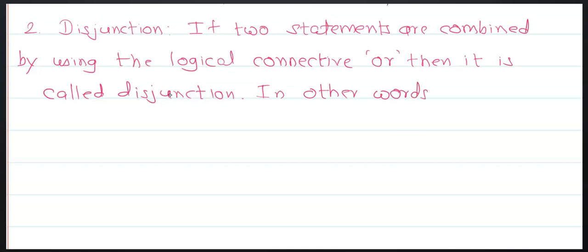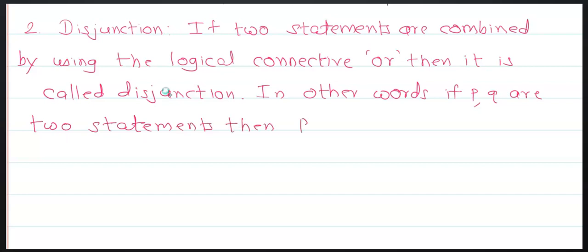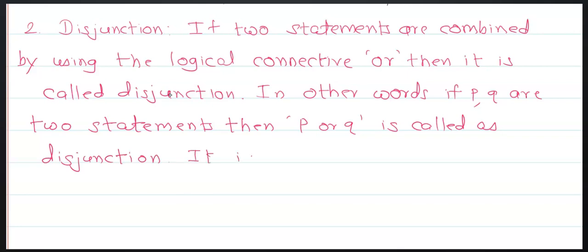In other words, if P, Q are two statements, then P or Q, ये नहीं तो वो, is called disjunction.